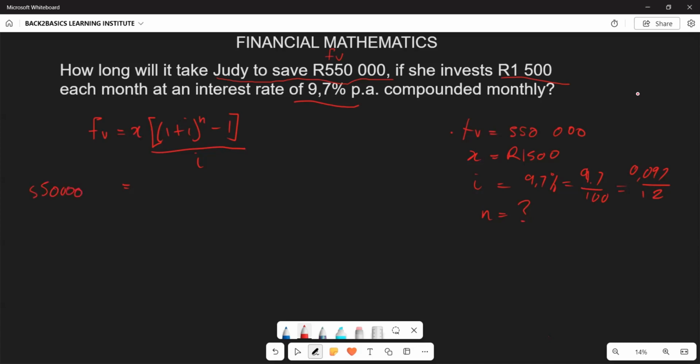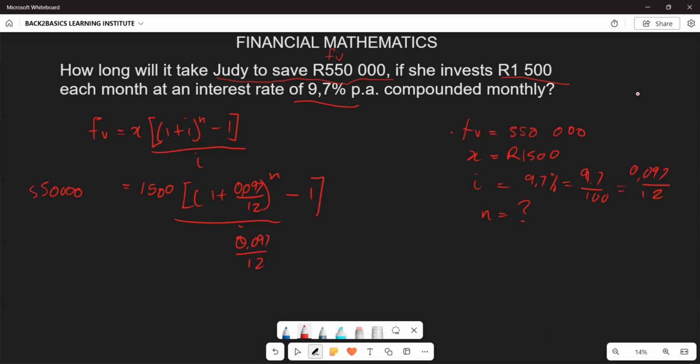We have the monthly installment of 1,500 into 1 plus the interest, which is 0.097 over 12, because that's the compounding period, to the power of N, subtract 1, over i. And our i is 0.097 over 12.